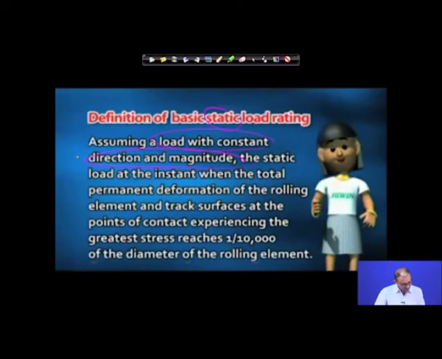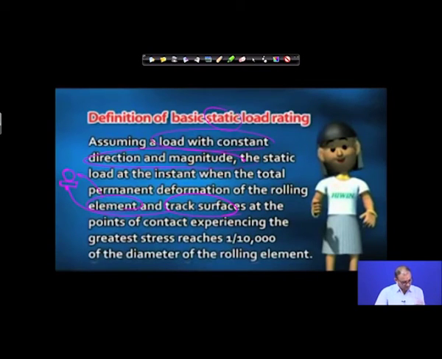So, we have a ball here, and this is the rail. We consider the total permanent deformation of the rolling element, so this is the rolling element, and the track surface, so this is the track surface, because we have to consider both. If there is wear of the track, then again it is a problem, as there will be a little bit of clearance.